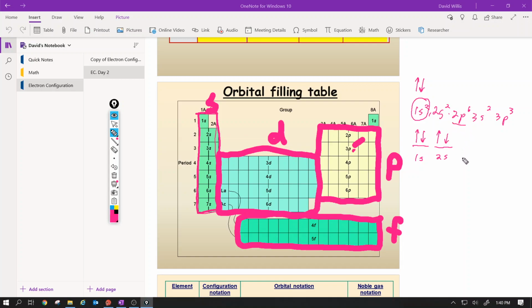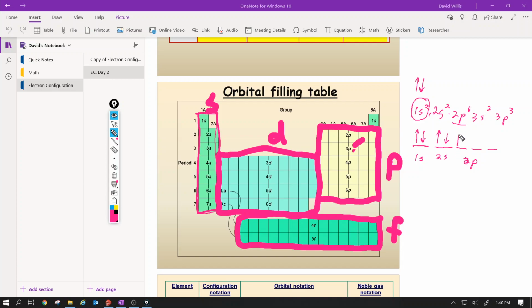Next, we're going to have 2p. Now, here's the thing. Remember that the 2p sublevel actually has 3 orbitals. You would say to yourself, I'll bet we can go up, down, up, down, up, down. And you would be wrong. It turns out that when you fill these in, each electron kind of wants its space.